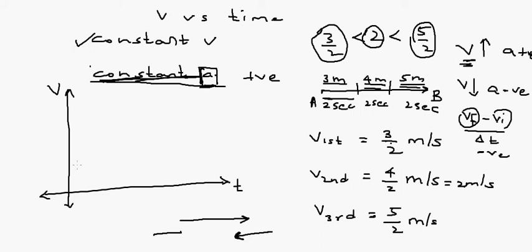So in essence, this graph is going to look like this: a straight line. Why not a curved line? Because the acceleration is constant. If the acceleration were not constant, then it would have been a curved line, either going up or going down. But as the acceleration is constant, it's a straight line. It's always making the same angle.